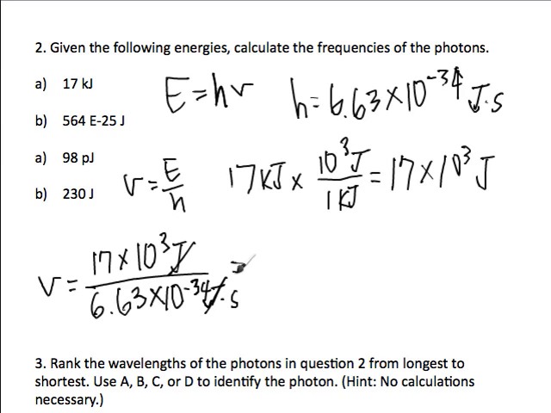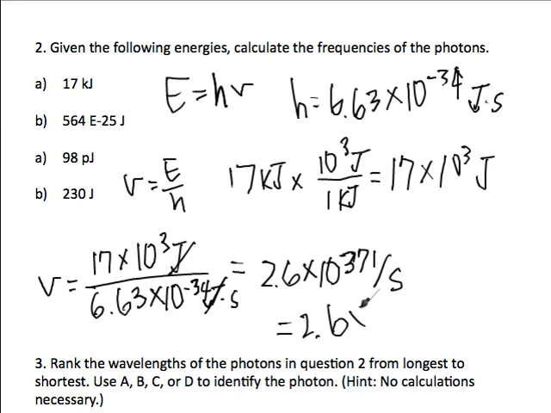And then using a calculator, we're left with 2.6 times 10 to the 37th power, 1 over seconds. So 1 over seconds is the equivalent of hertz. So this means that the answer is 2.6 times 10 to the 37 hertz.